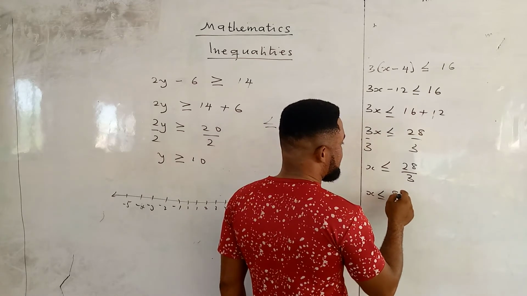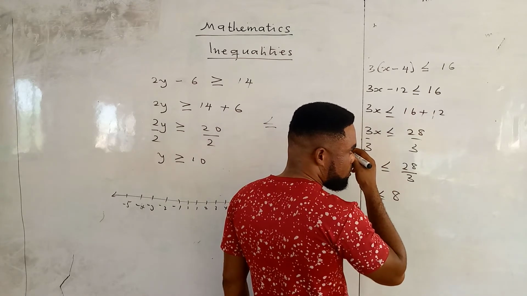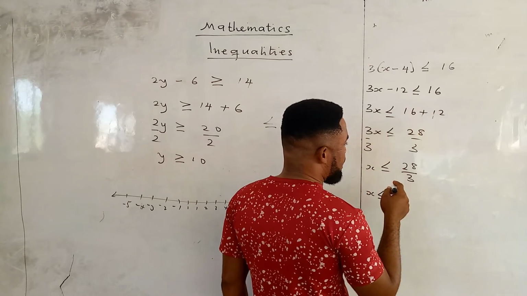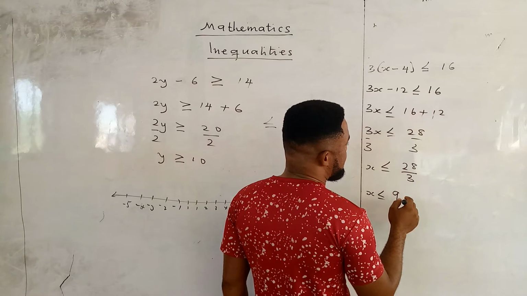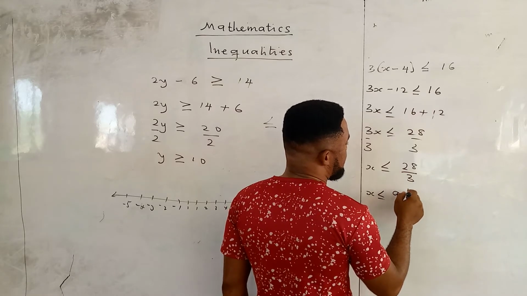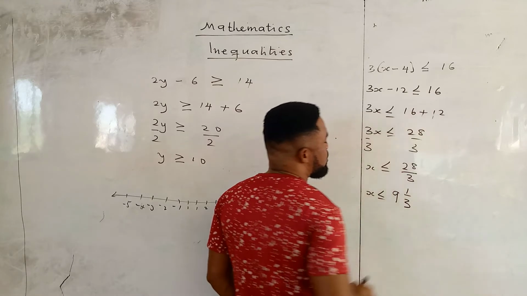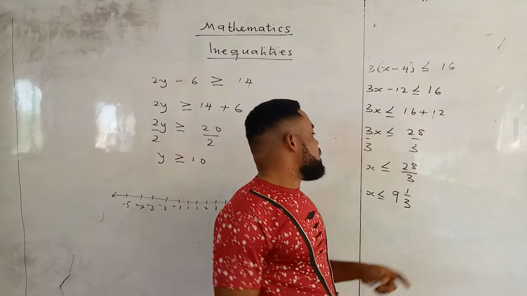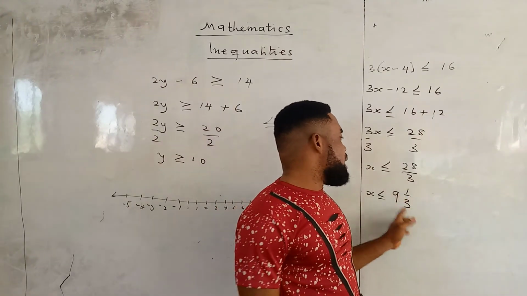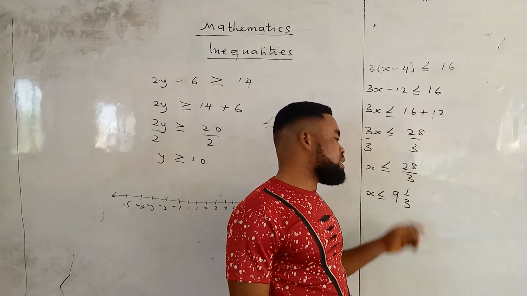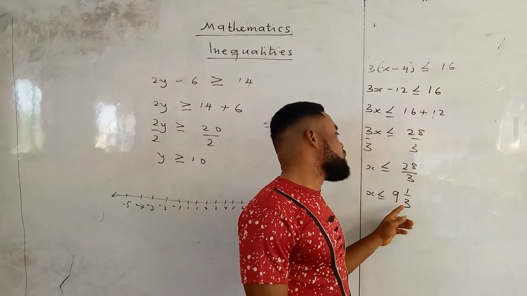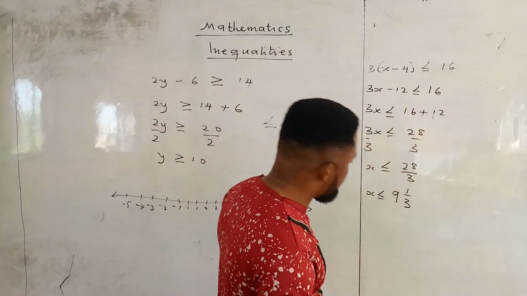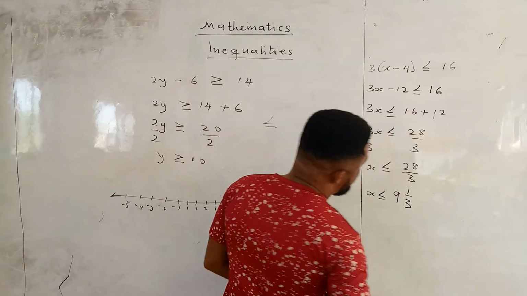So it is going to be 9 whole number 1 over 3. That is 9 times 3 is 27, remainder 1, so it is 9 whole number 1 over 3.